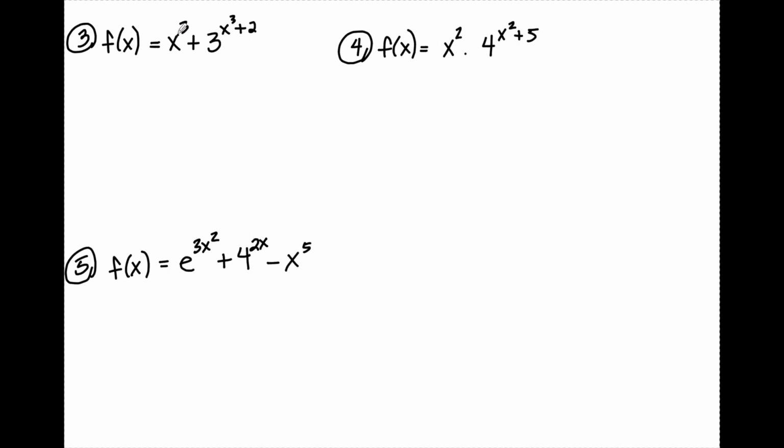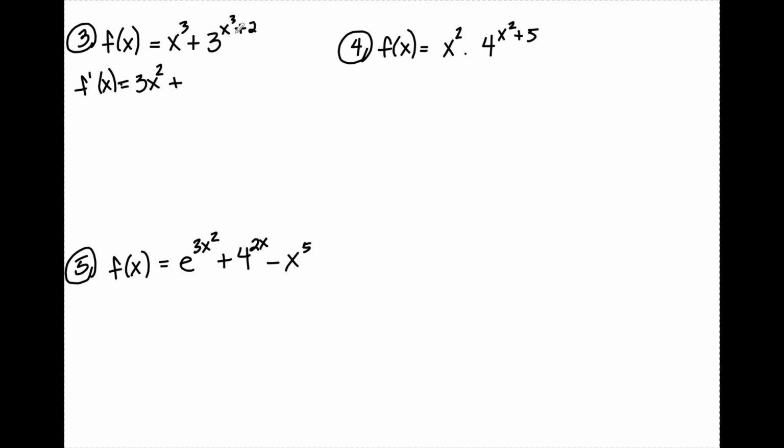Number 3, x cubed plus 3 to the x cubed plus 2. Since these two terms are separated by an addition sign, I can take the derivative of each term individually. My first term, the variable, is the base, so I'm just using the power rule. The derivative of x cubed is 3x squared. For the second term, my variable is in the exponent.